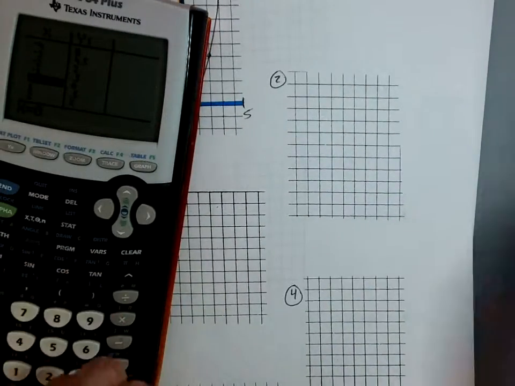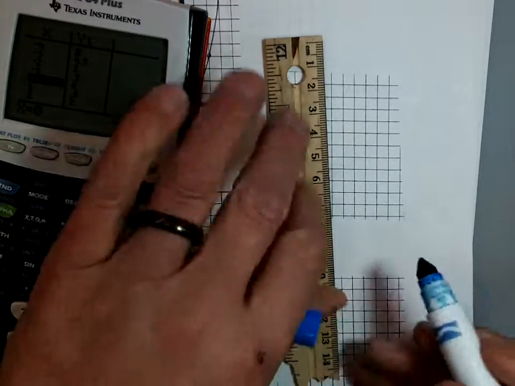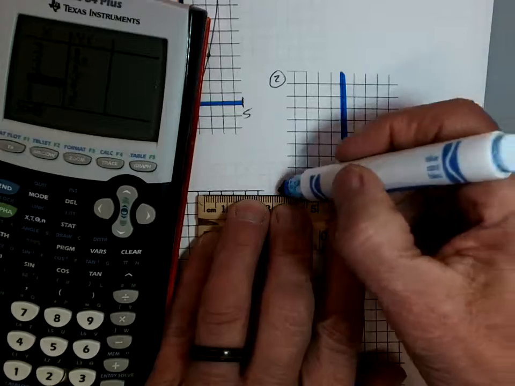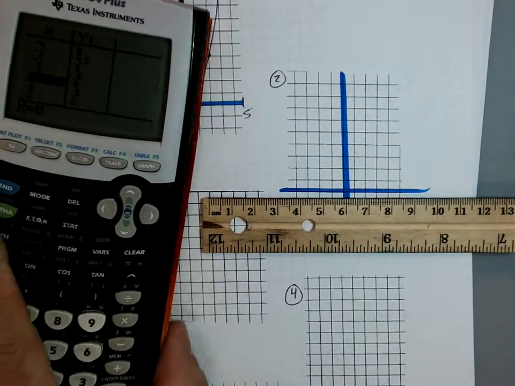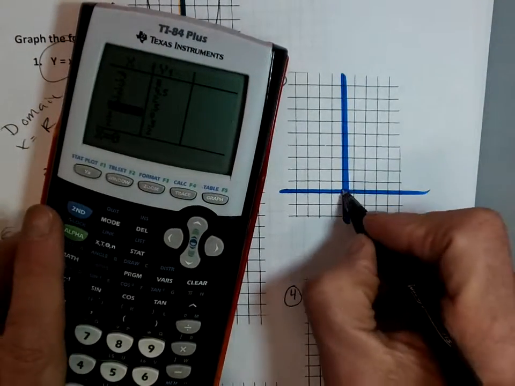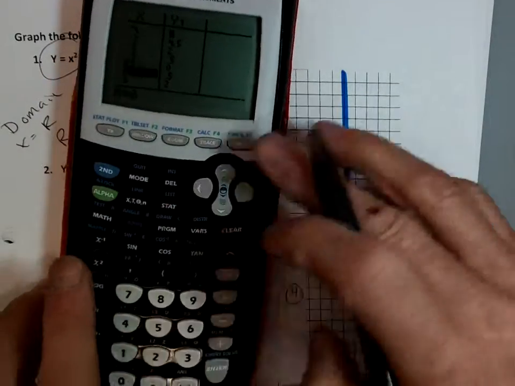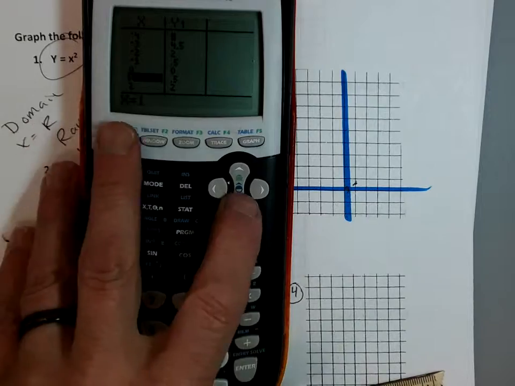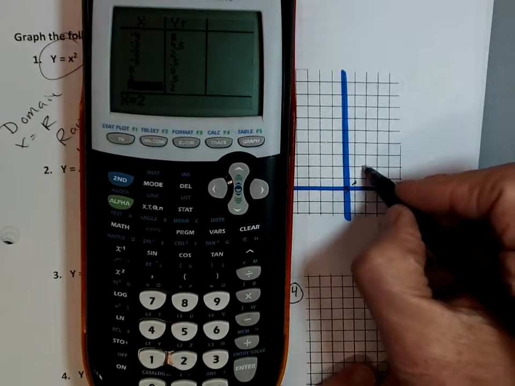So if I were to graph this, watch how I'm going to do this. I'm going to have a point at 0, 0. I'll have a point at 1, 1.5. I'll have a point at 2, 2.